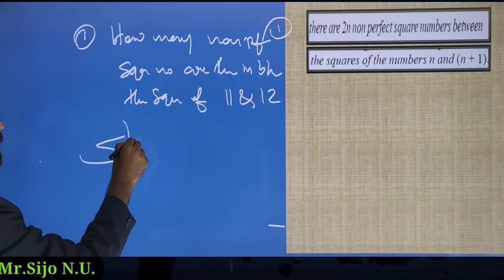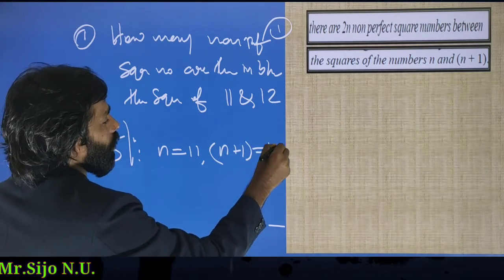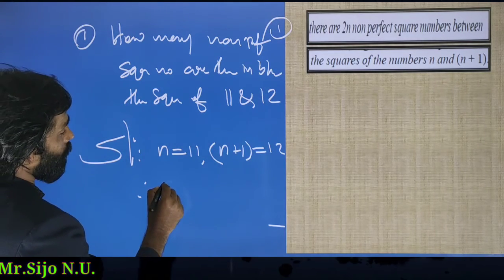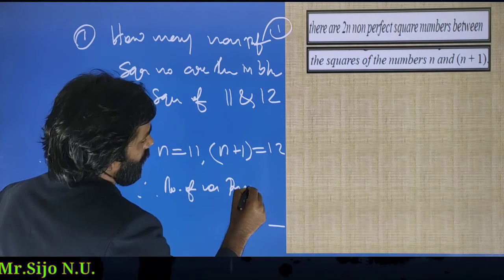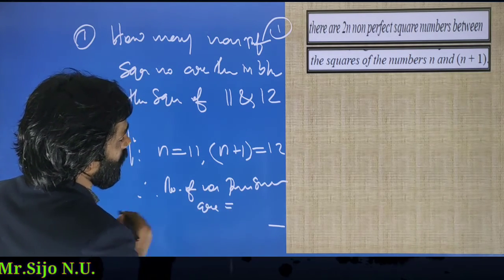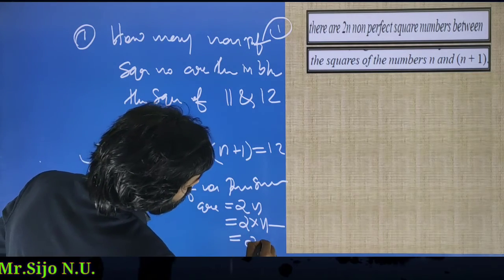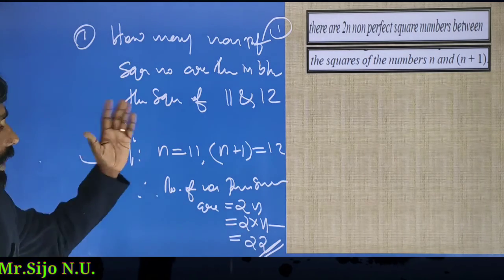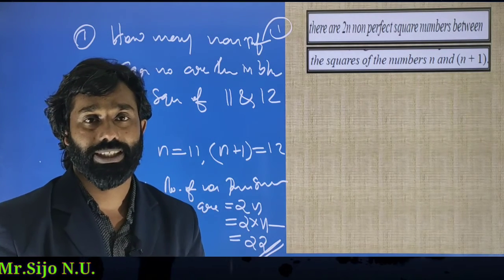Solution: here the n value is 11 and n plus 1 is 12. We know the formula, there are 2n. Therefore, the number of non-perfect squares is 2n, which is 2 into 11. There are 22 numbers in between. We just need to do this when we get a question like this. Well, hope you understood. So let us wind up today's session. Thank you.